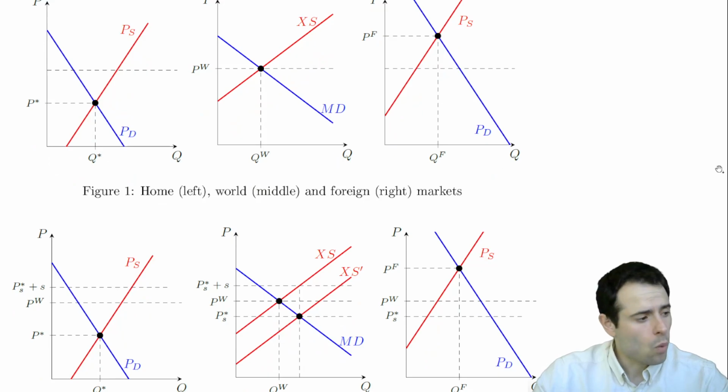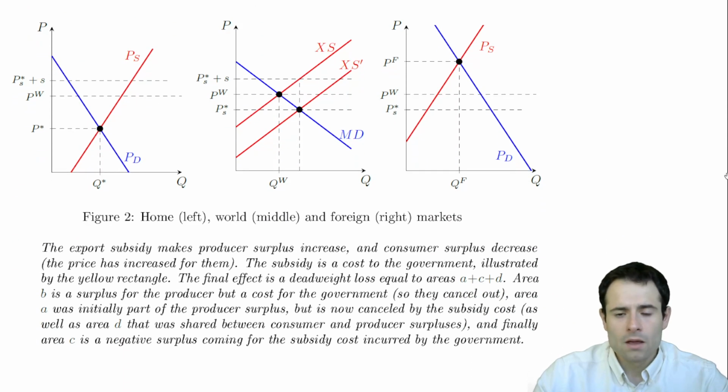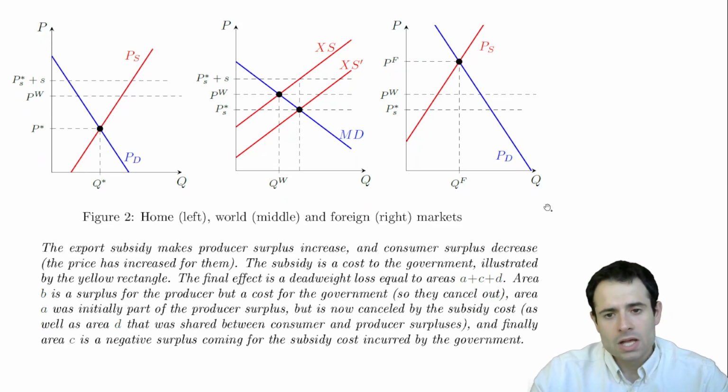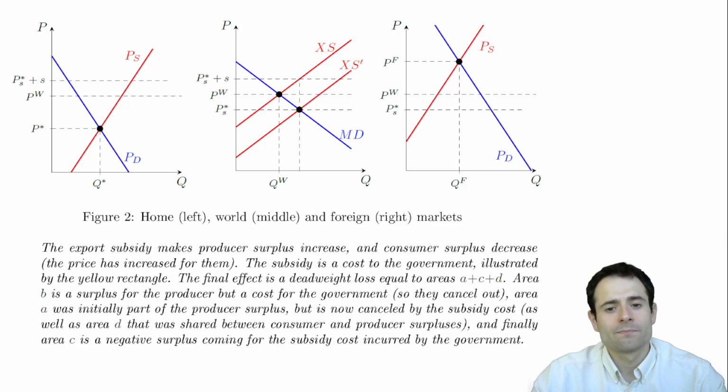Now, what is going on if we introduce a subsidy? If we introduce a subsidy, the export supply curve is going to shift downwards because for each unit sold abroad, the government is giving away an amount of money equal to S dollars or cents to the firms.